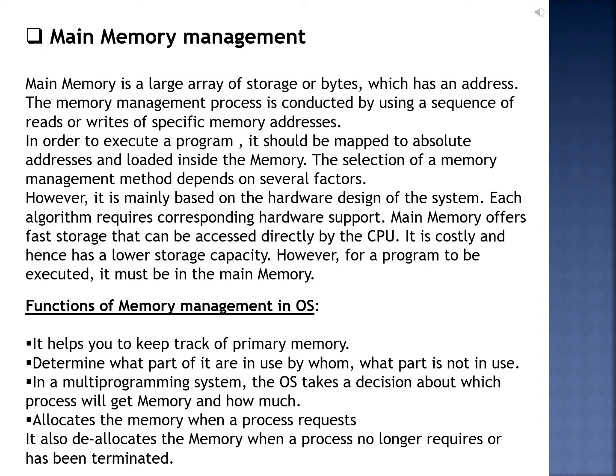In order for a program to be executed, it must be mapped to absolute addresses and loaded into memory. As the program executes, it accesses program instructions and data from memory by generating these absolute addresses. Eventually, the program terminates, its memory space is declared available, and the next program may be loaded and executed.